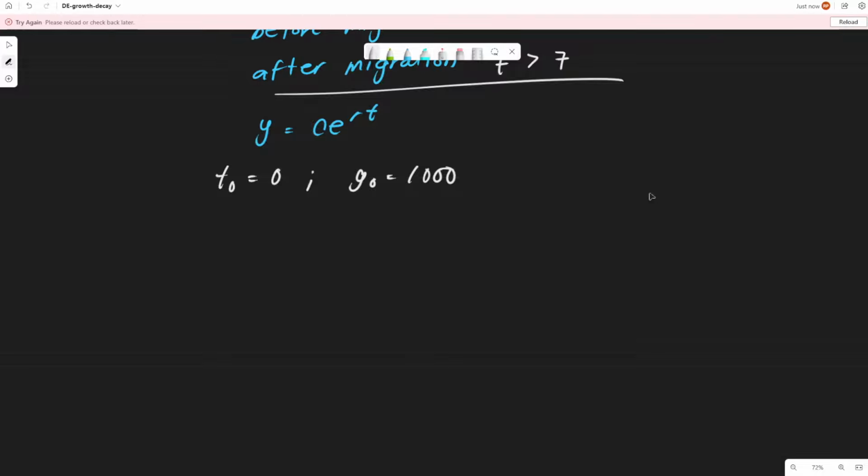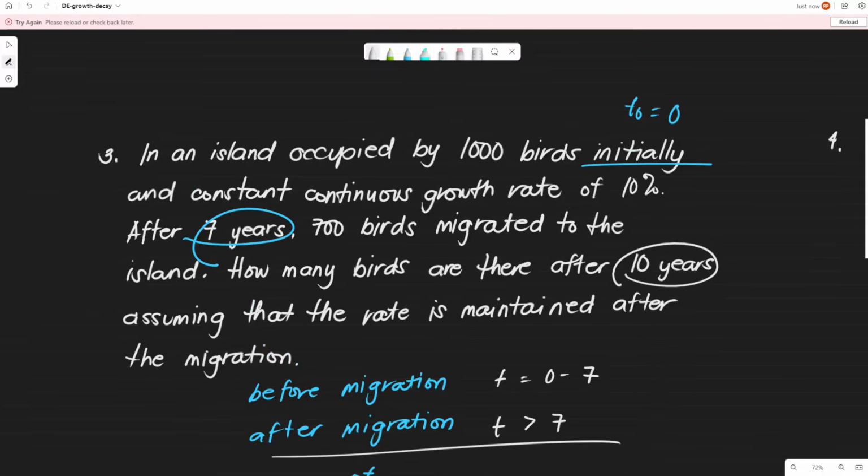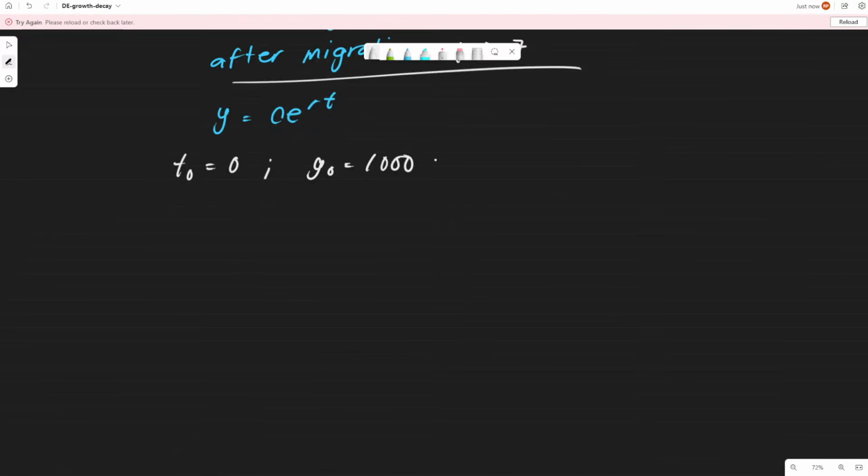Meron ba tayong rate of growth? Yes, meron, this is 10%. So, yan na yung ating rate. R is equal to 0.1. So, that's 10%. So, we have y is equal to 1,000. We need to compute for c. C e raised to 0.1 times 0. Obviously, this is equal to 0. So, e raised to 0 is equal to 1. So, we have c is equal to 1,000.